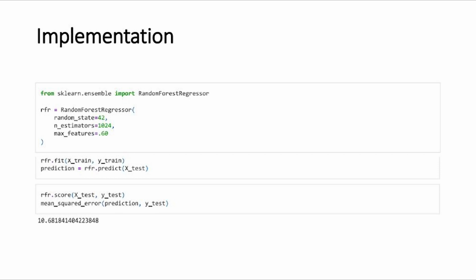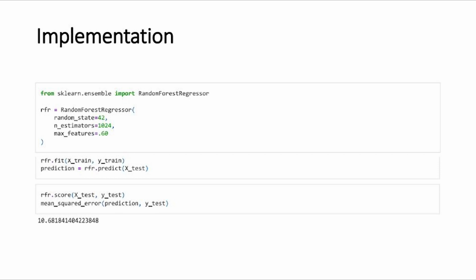But if we tweak the random state even a little bit, it will give us a different result because of the randomness of subset collection for each decision tree in the random forest. The second hyperparameter is n_estimators, which is 1024, and max_features is 0.6.